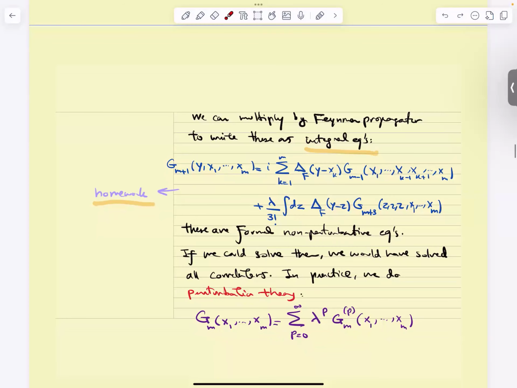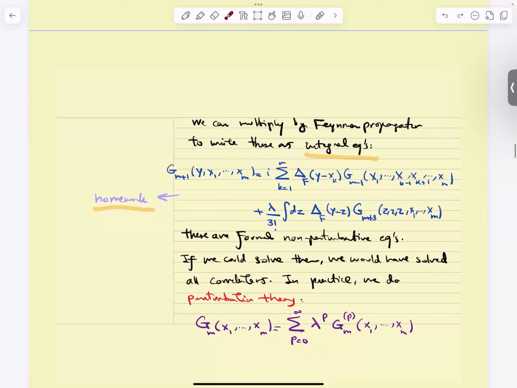All right, we're going to try to solve these equations in perturbation theory. What do I mean by perturbation theory? Previously, when we were talking about perturbation theory, I had to do expansions. I had e to the power of i S naught, and then there was lambda S interaction.